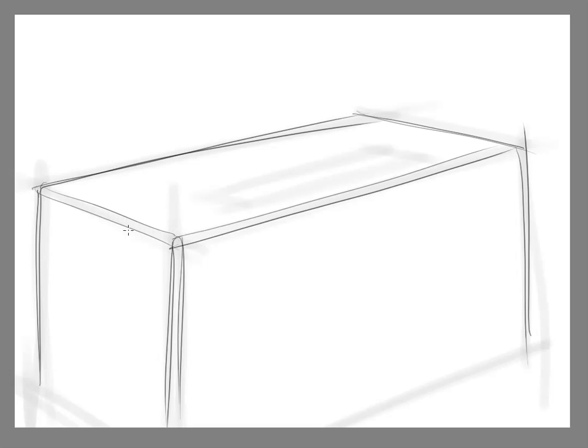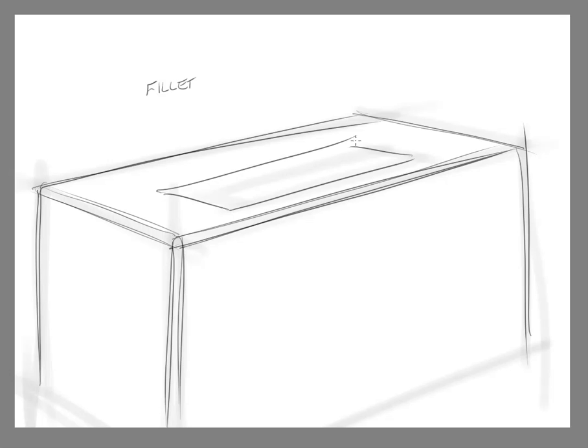And the simplest way to do that is just on all these interior edges, I'm just running 2 lines that are spaced somewhat evenly. That just kind of represents what's called a fillet. I'll write that out. It's a product term. Now let's say there's a big old snooze button on the top here. Now it might be tempting to just draw a shape on here and call it a day.